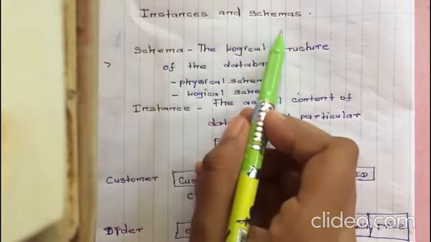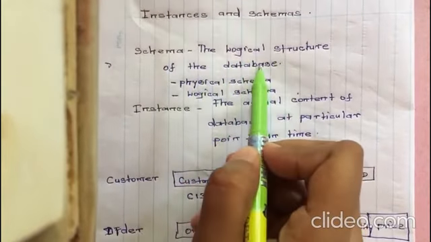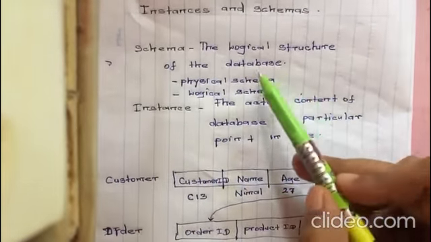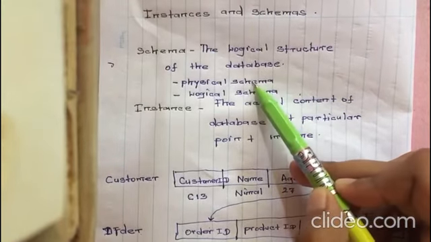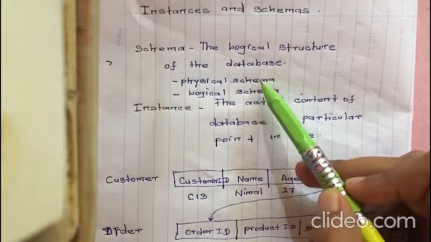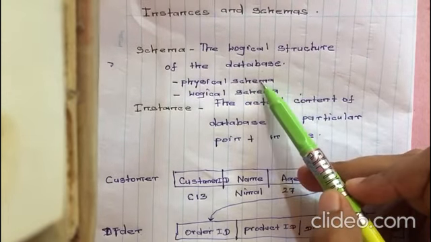Instances and schemas. Schema: the logical structure of the database. There are two types of schema, physical schema and logical schema. Physical schema is the physical data which is available on the disk.